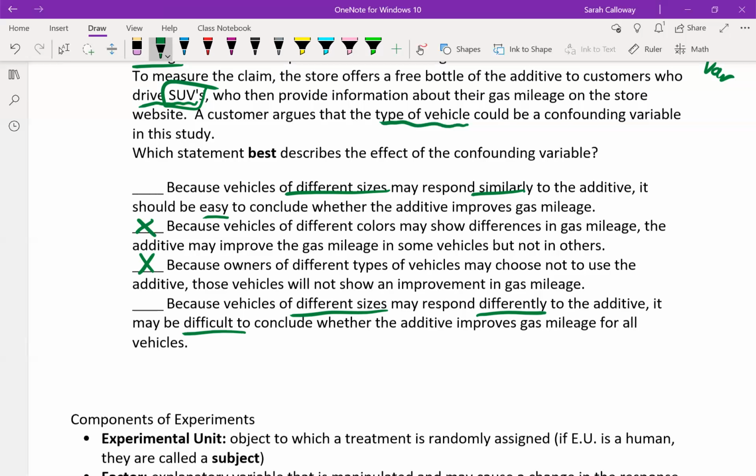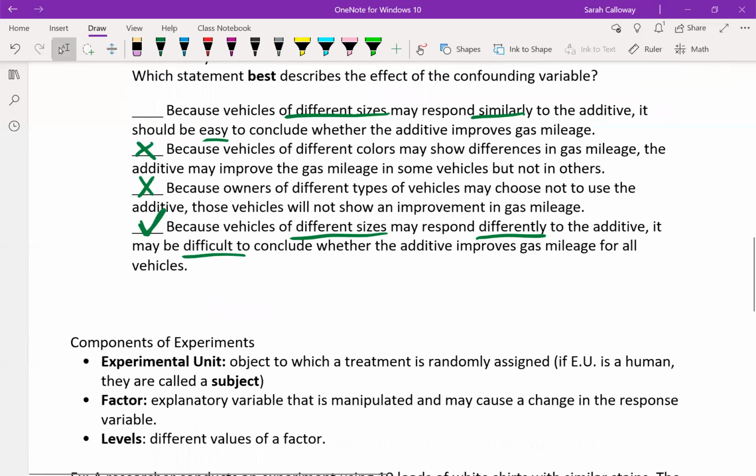So in general, a smaller vehicle with a smaller engine is going to have better gas mileage than a larger vehicle with a larger engine. And so this statement is the more true one, so that the size of the vehicle will influence that response variable of the gas mileage.